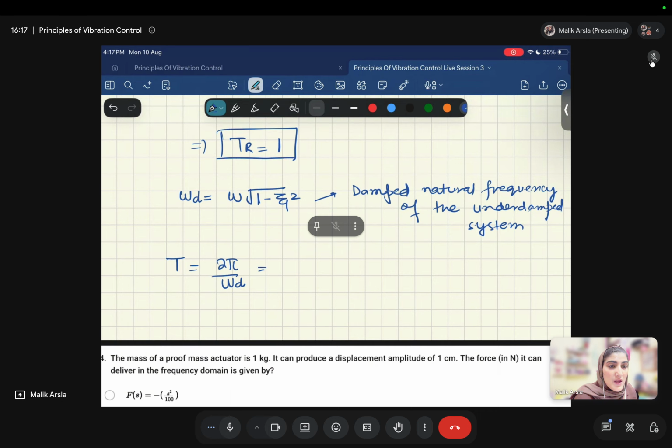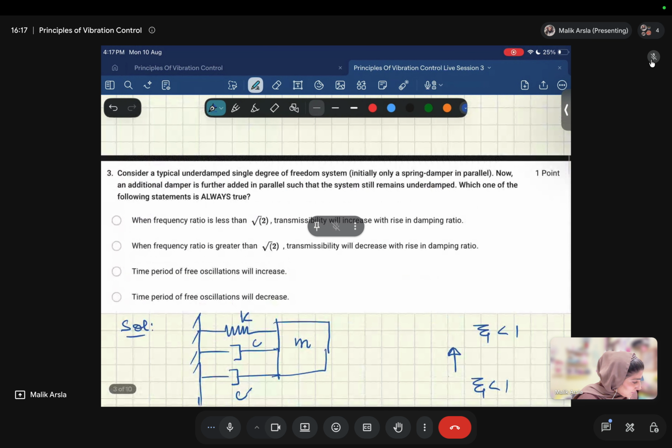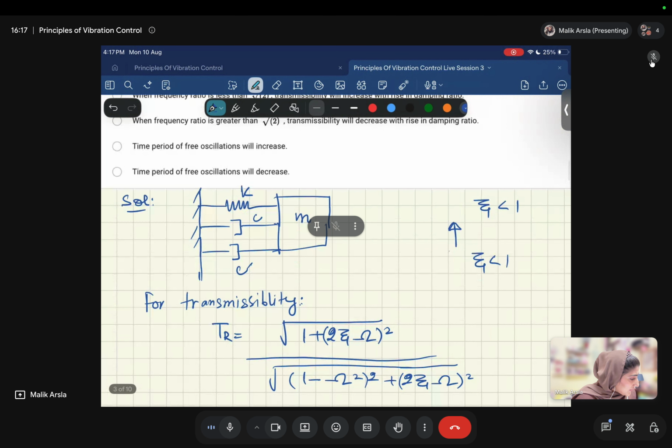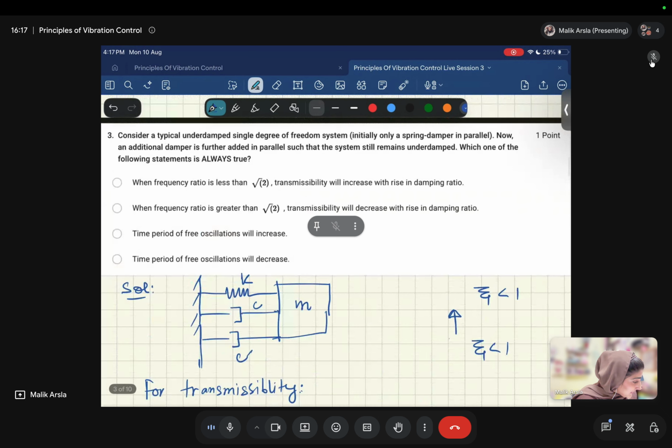Because there is some damping there, the time period will depend on the damped natural frequency. That's why we write 2 pi upon omega d. Now in the question, it is given that we are decreasing damping.